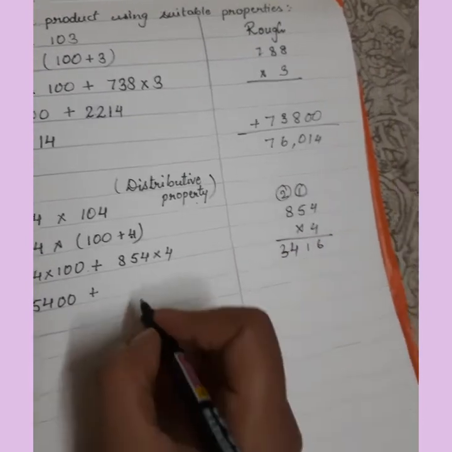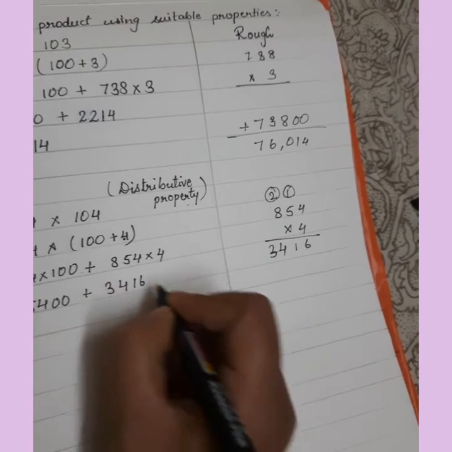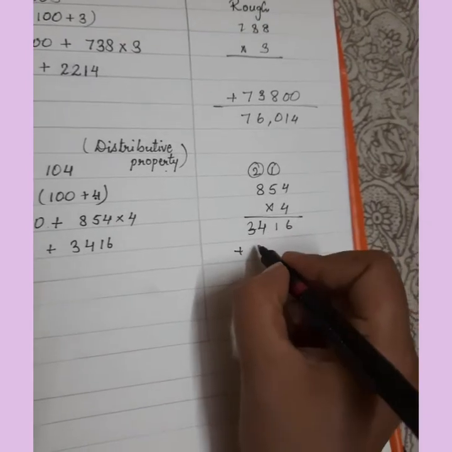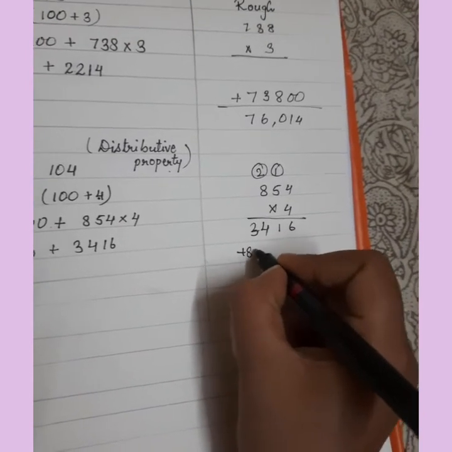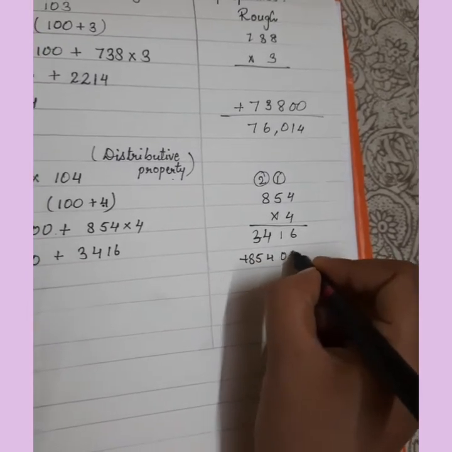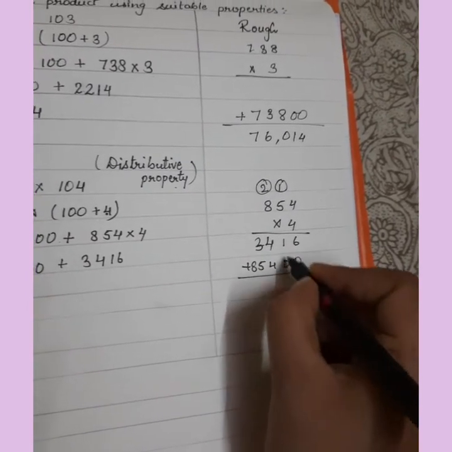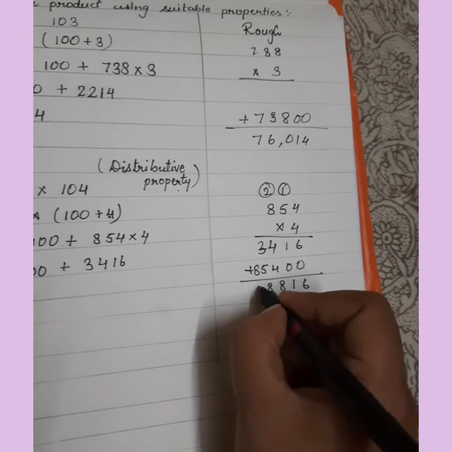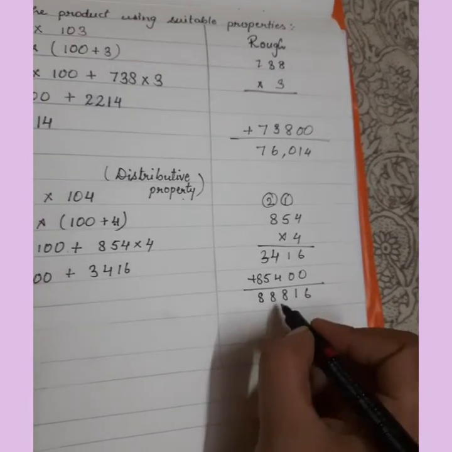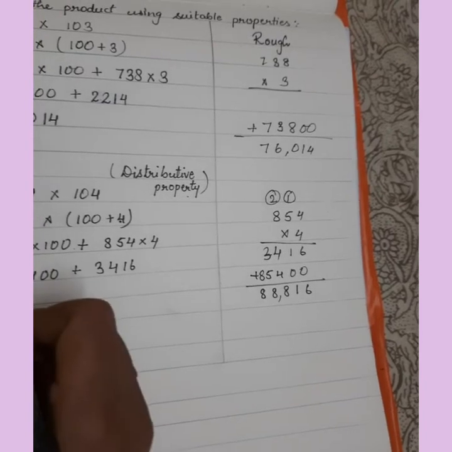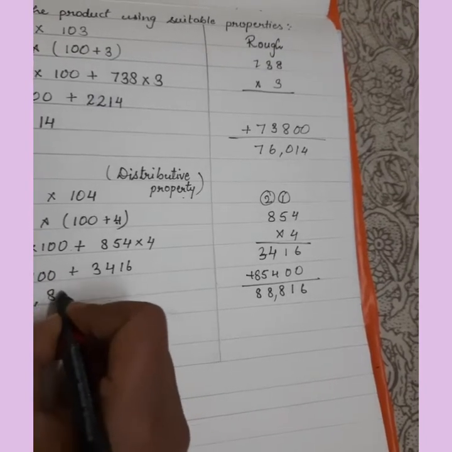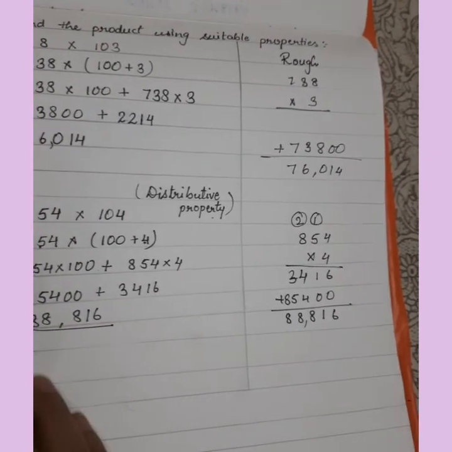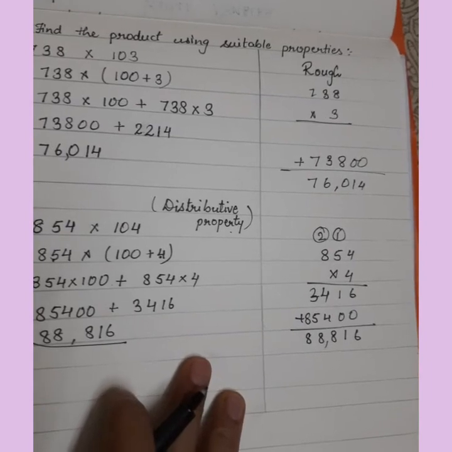So 3416. Now add this number to this answer. So this will be 85,400. 6 plus 0 is 6, 1 plus 0 is 1, 4 plus 4 is 8, 3 plus 5 is 8, and 8 will be carried down. So the answer will be 88,816. Okay, so in this way you can find your answer by using suitable properties.